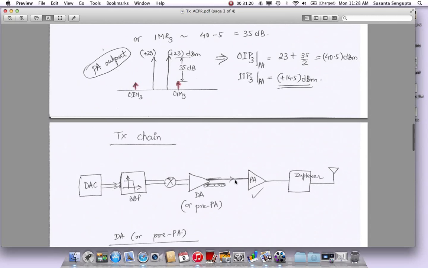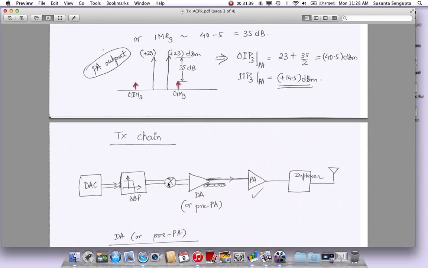This filter stage, the DAC and also the mixer, put a lot of constraints on third order distortion in general. The DAC and the baseband have to be really good to help with the 4F mod problem.